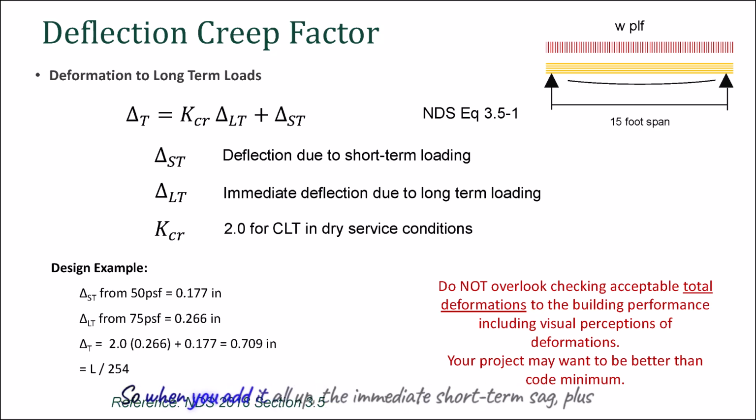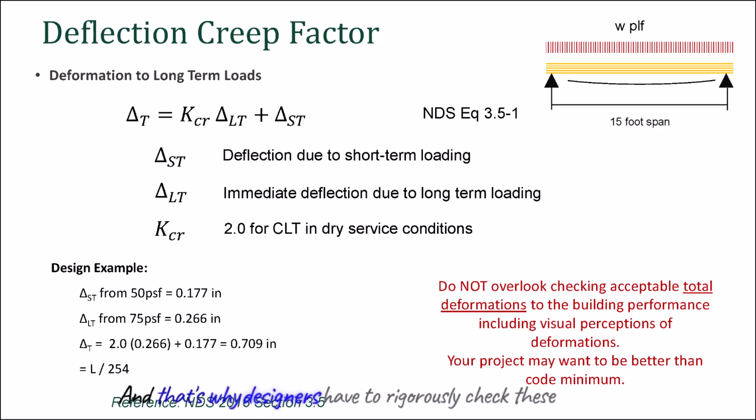I see. So when you add it all up, the immediate short-term sag, plus the immediate long-term sag, plus the crept long-term sag, the total estimated long-term deflection for our 15-foot span could actually reach almost 3/4 of an inch, maybe around 0.7 inches. Wow, okay, that's significantly more than the initial deflection.